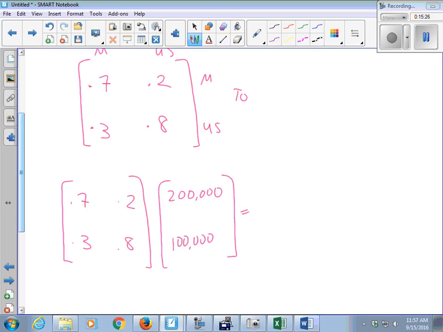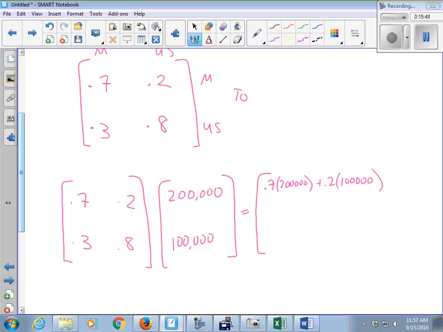If you take the row times column approach, where you picture the row turning and you take the dot product, 0.7 times 200,000 plus 0.2 of 100,000.